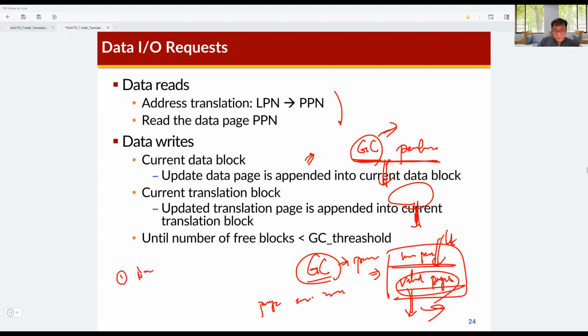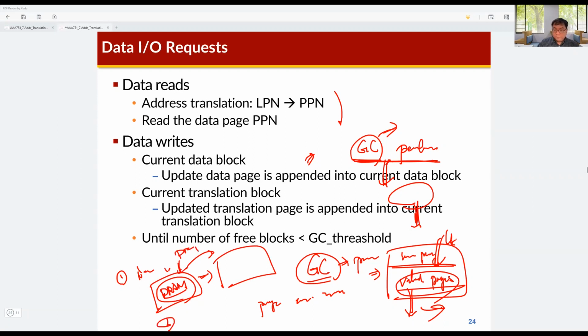In the ideal page level mapping, the page level mapping table exists inside of the DRAM or SRAM. Then if the location of these valid pages is changed due to the garbage collection, we can just update the page table inside of the DRAM.